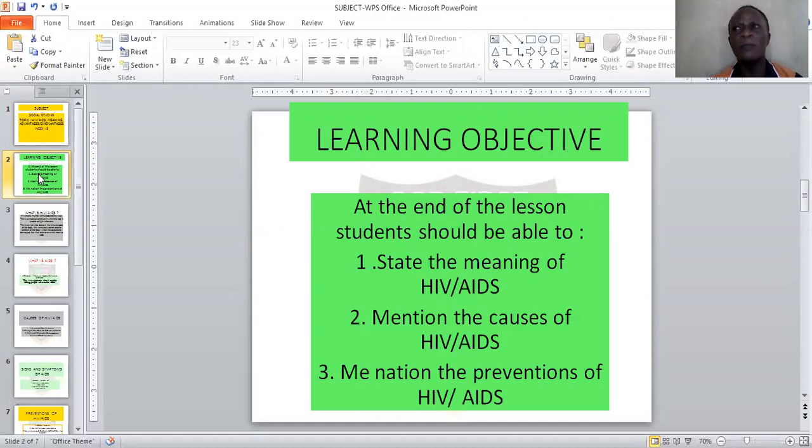My aim for this lesson is that at the end of the lesson, students will be able to: one, state the meaning of HIV/AIDS; two, mention the causes of HIV/AIDS; three, mention the preventions of HIV/AIDS.